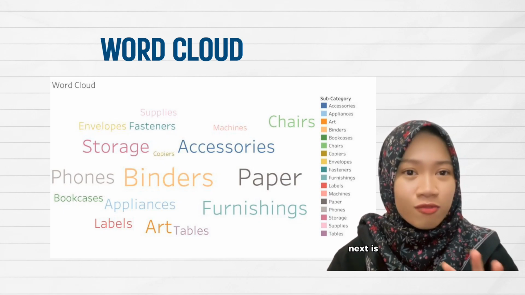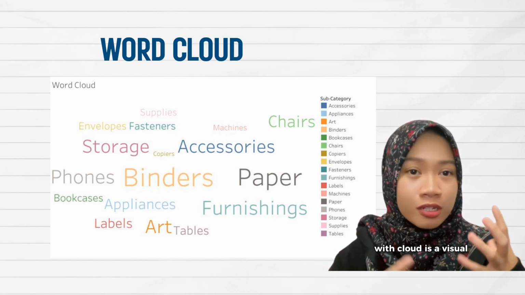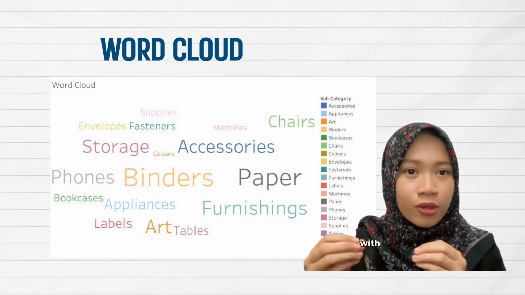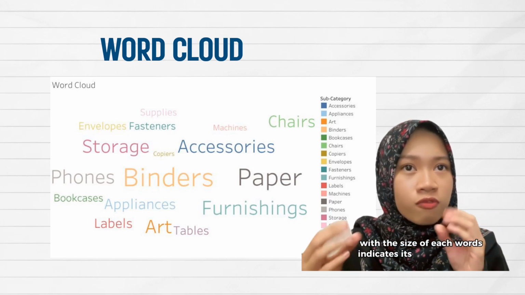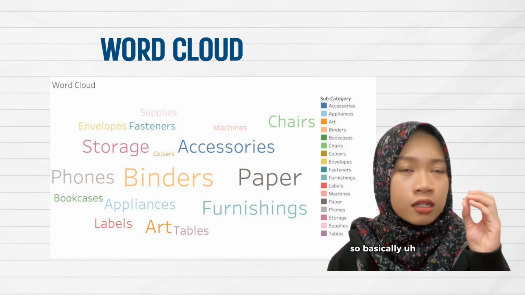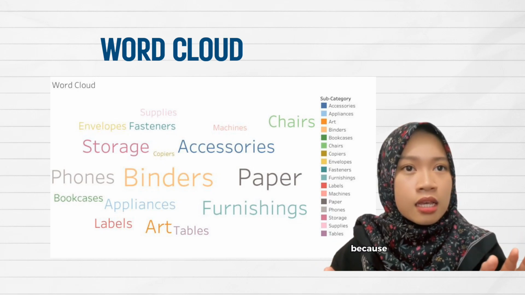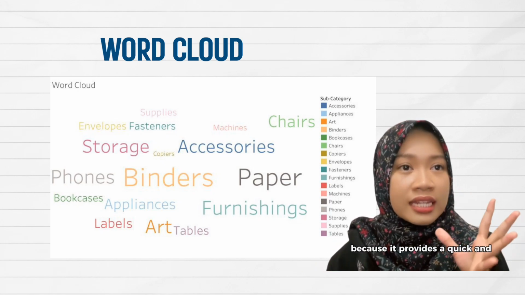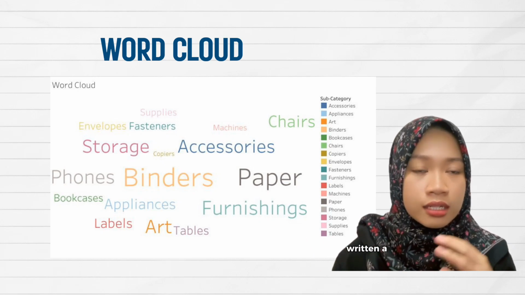Next is visual number 4, which is word cloud. Word cloud is a visual representation of text data where the size of each word indicates its frequency or its importance. So basically, a word cloud gives us a visual summary because it provides a quick and easy way to understand the most common subcategories within a data set.